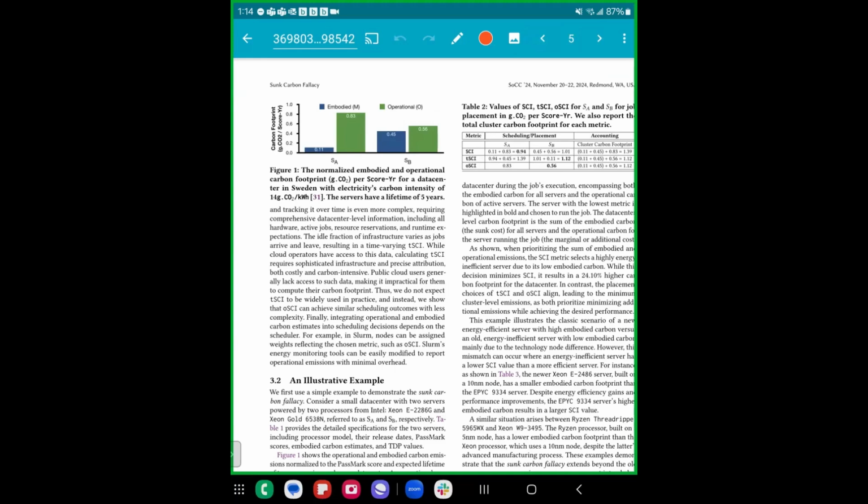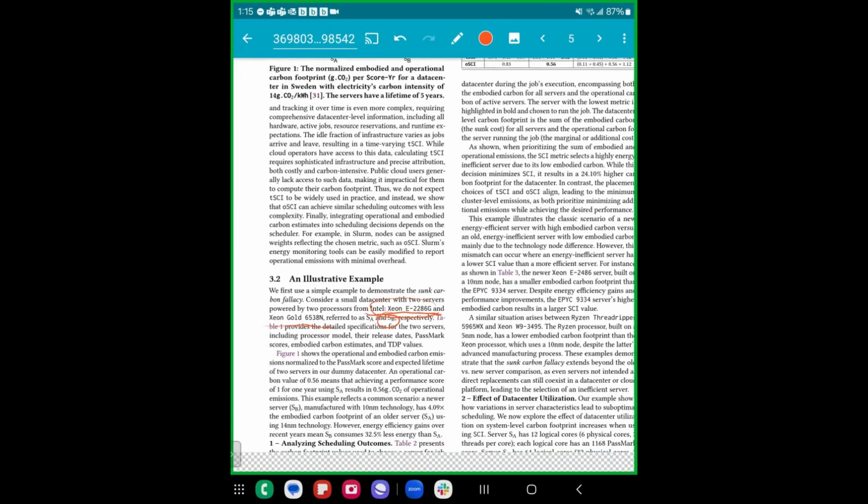Oh yeah, right here. So they have these two particular models, right? The older one is this one. They call it SA, and the new one is the Xeon Gold. They call it SB, right? And what happens, they benchmark it.